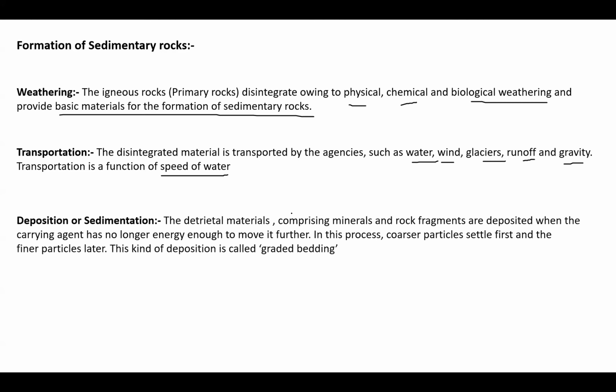The deteriorated materials, comprising minerals and rock fragments from weathering and transportation, are deposited when the carrying agents no longer have enough energy to move them further. Imagine there is a big rock. It is disintegrated, that means weathered, by various physical and chemical means.